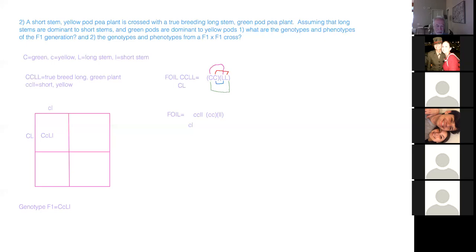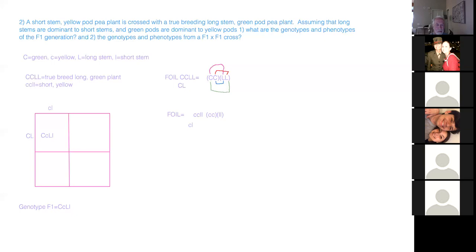So how am I going to get a short? You said green long, and what was the other answer? Yellow short. How am I going to get a yellow short out of the big C, big L, little l? What's the dominant trait for stems?